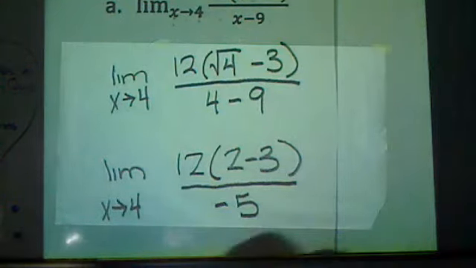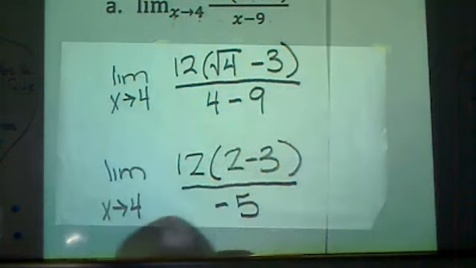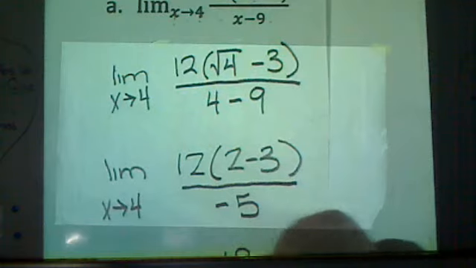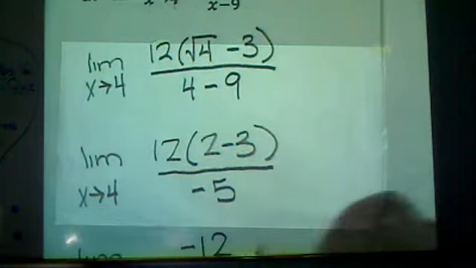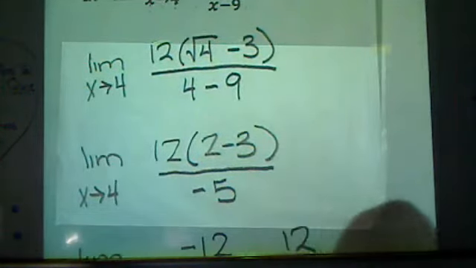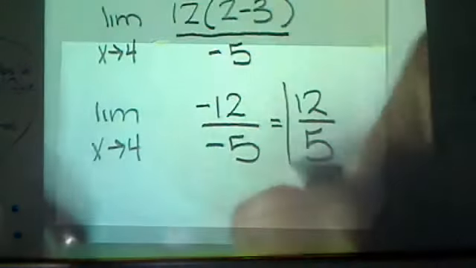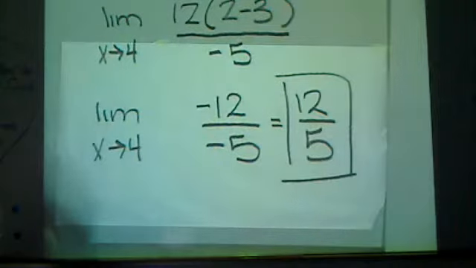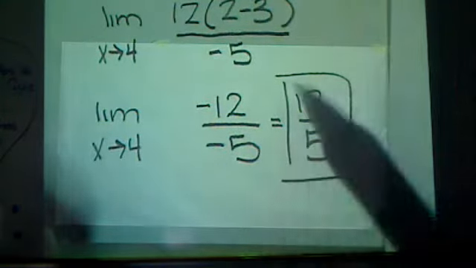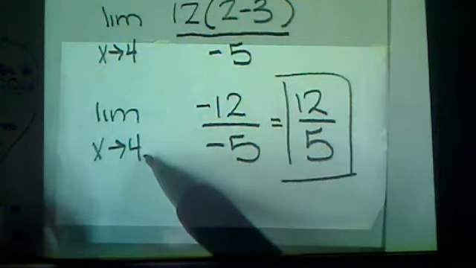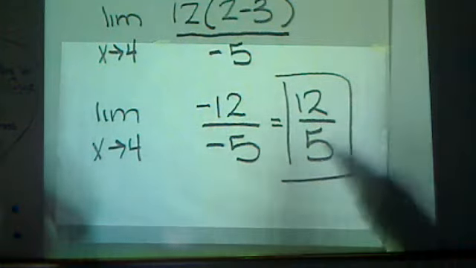Negative 1 times 12 is negative 12. So negative 12 over negative 5. Two negatives become a positive. So the limit as x approaches 4 for this particular problem is 12 over 5. So the y value you're approaching as x gets closer and closer to 4 is 12 over 5.